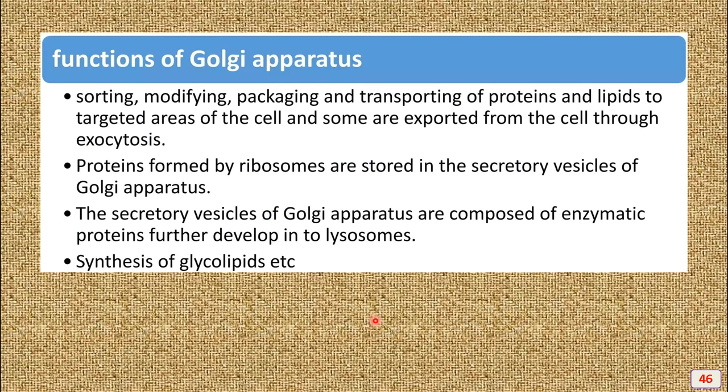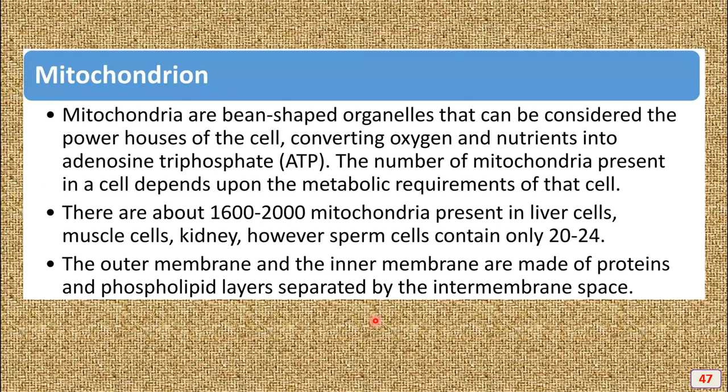The functions of the Golgi apparatus: it sorts, modifies, packages, and transports proteins and lipids to targeted areas of the cell. You need to learn this well and crack the examination.